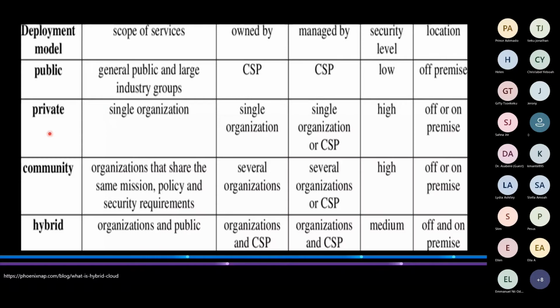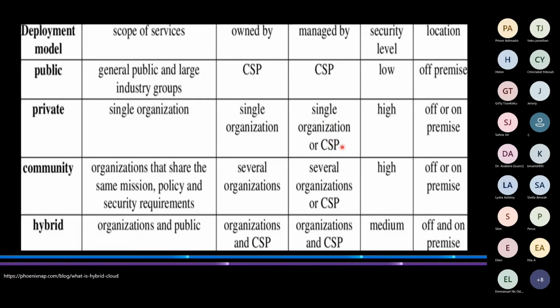Now, with a private deployment, just like a privately owned vehicle, it's for a single person, a single organization. In terms of the cloud deployment model, it is dedicated to a specific organization. It's owned by that single organization or, in terms of transportation, that single person. It's managed by that single person or the cloud service provider.